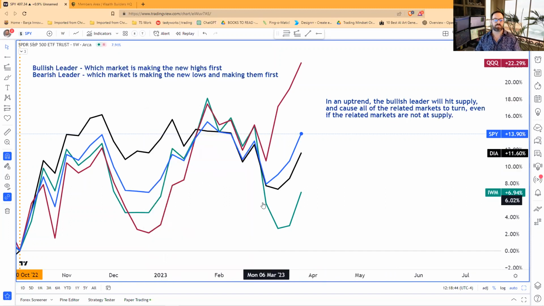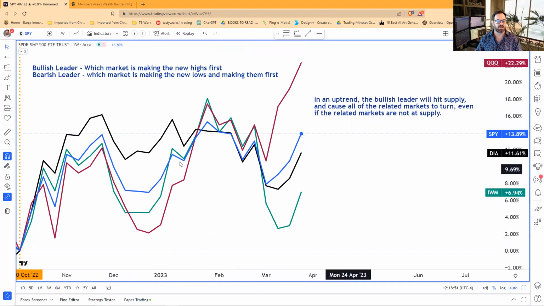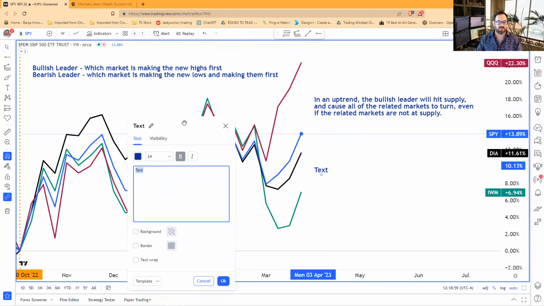And of course, the opposite is usually true. When we hit a bottom, often the leader to the downside is the one hitting a support or demand, not the followers. And once that leader hits, everything tends to turn around.